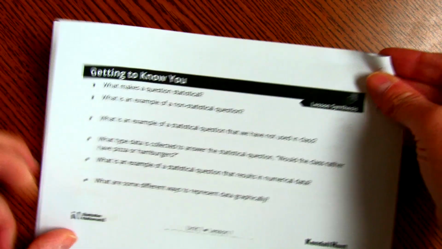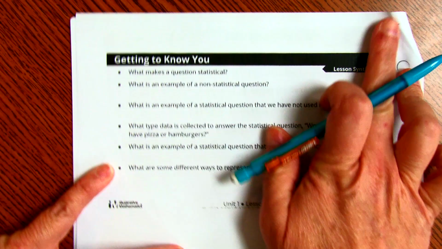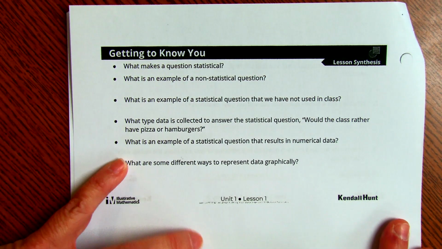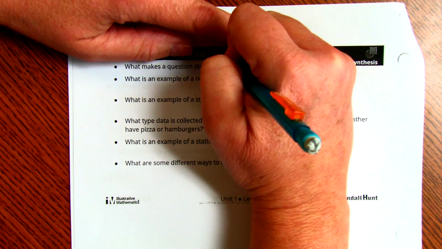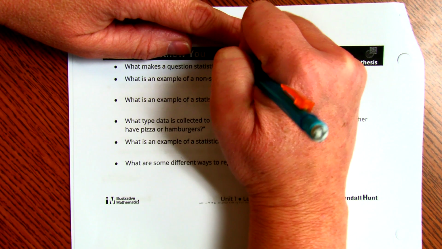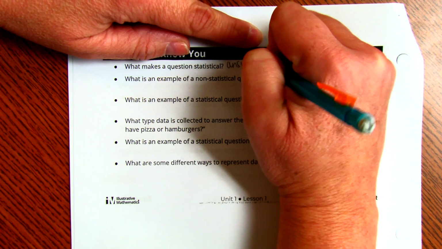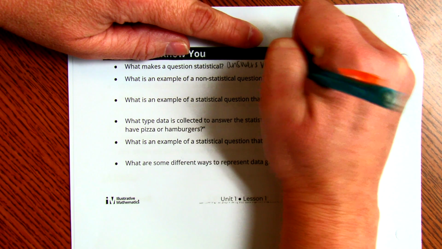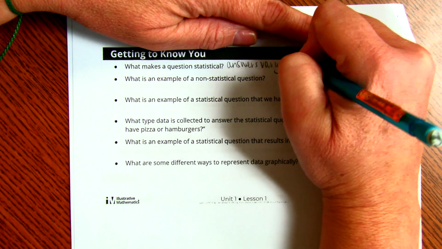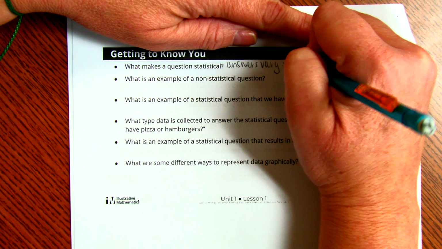So if we go to the summary, kind of bringing everything together. So what makes a question statistical? Answers vary. Therefore, has variability.